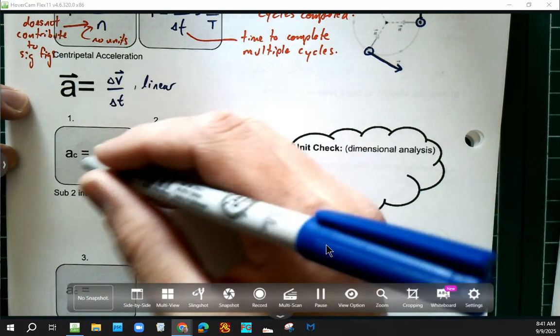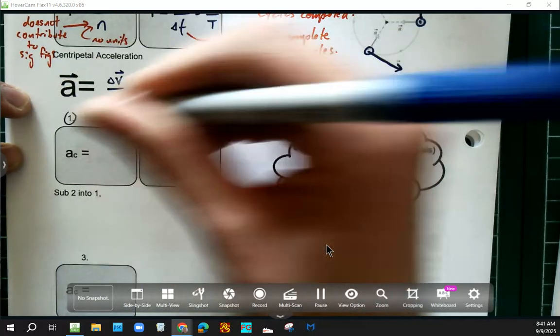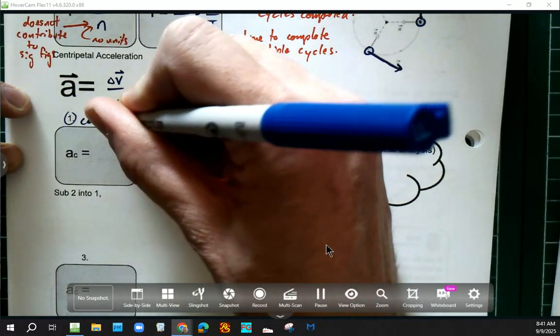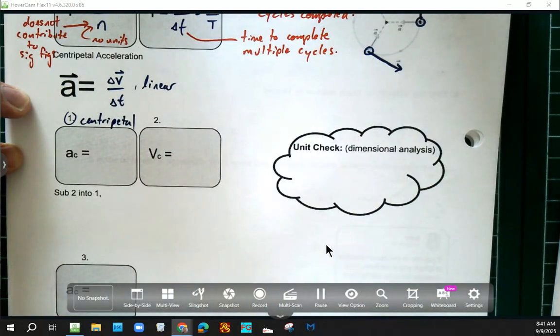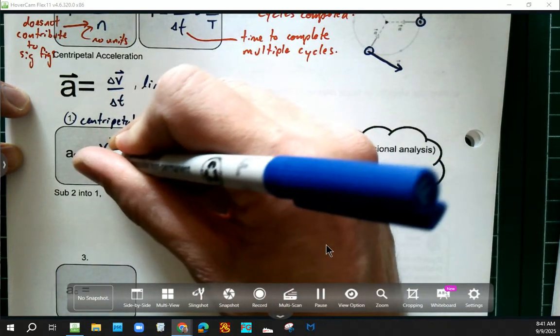But when we talk about centripetal acceleration, usually the first one people get introduced to is v squared divided by r.